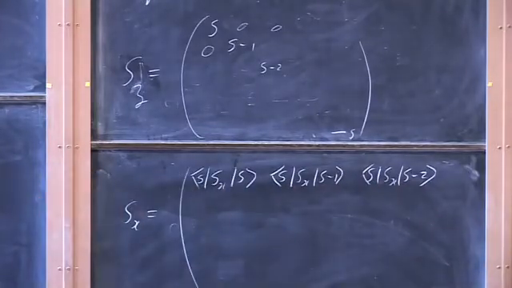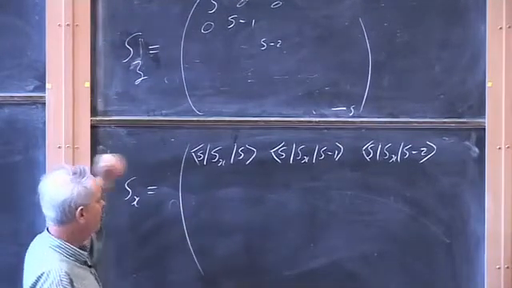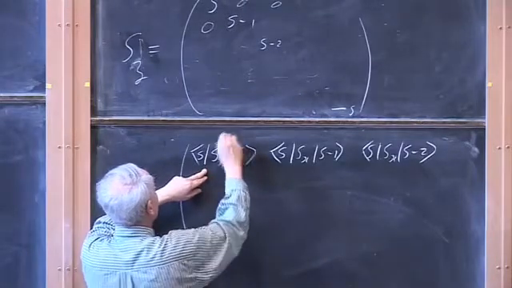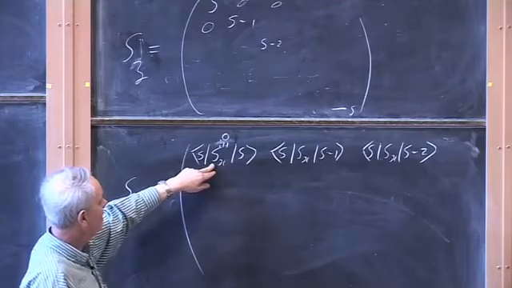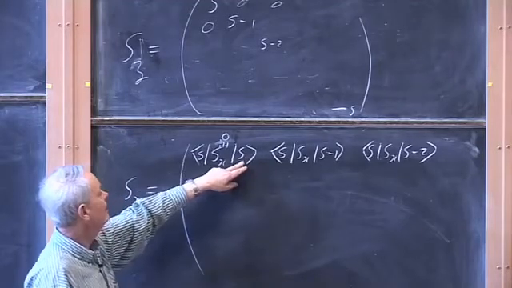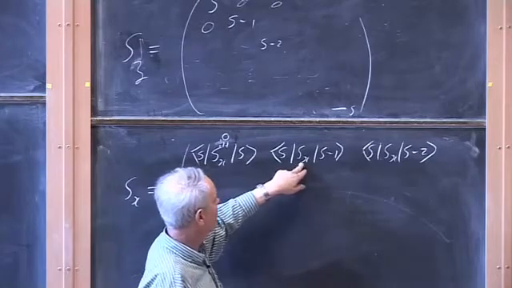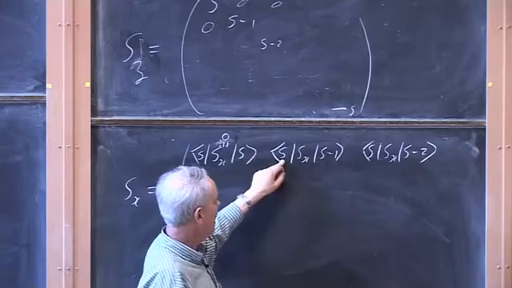Right? It'll be enormous. But nearly all the numbers will vanish because, well, this number we already know is equal to 0. This number vanishes because you replace Sx by a half of S plus plus S minus. S plus kills this. S minus lowers it to something orthogonal to this. This will be non-zero because S plus will raise that to S, which will couple to that.